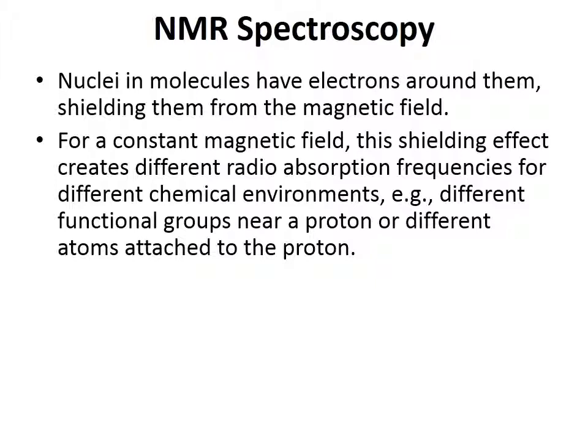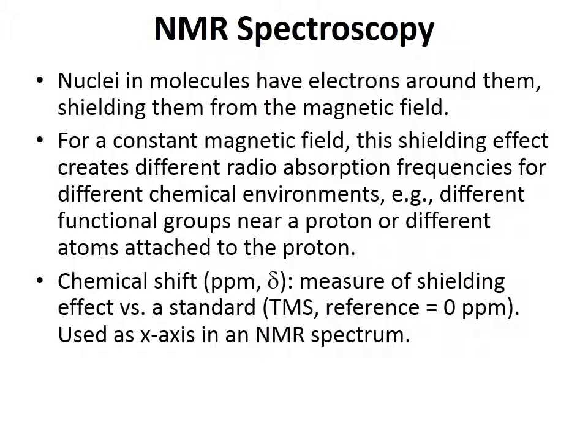For example, different functional groups near a proton, or different atoms attached to the proton. So now we define a term, chemical shift, which is in parts per million, or delta. That's a measure of shielding effect versus some standard. Typically, that standard is TMS, with a reference of 0 parts per million. Chemical shift is used as the x-axis in an NMR spectrum.